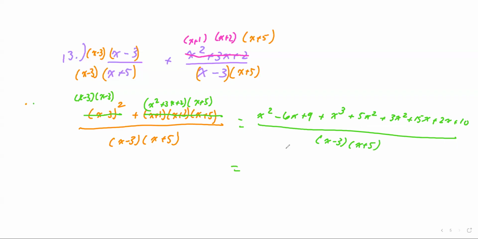Combine like terms, so keep yourself organized. There's an x cubed right there. X squared plus 5x squared is 6, plus 3x squared is 9, so that'd be plus 9x squared. -6x plus 15x is now 9x, plus 2x gives me 11x, and then 9 plus 10 gives me 19.